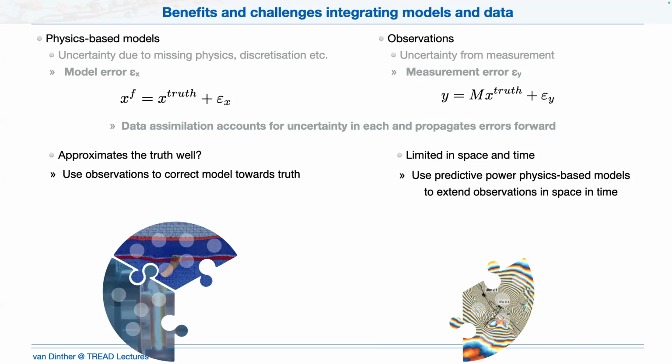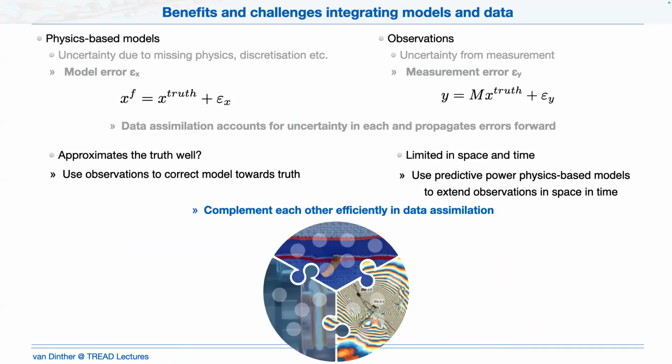So this is what I said. The observations we can use to correct the physics-based model towards the truth, and the physics-based model you use to extend the observations in space and time, and try to, for example, predict forward in time, so into the future. This is where the forecasting element comes from.